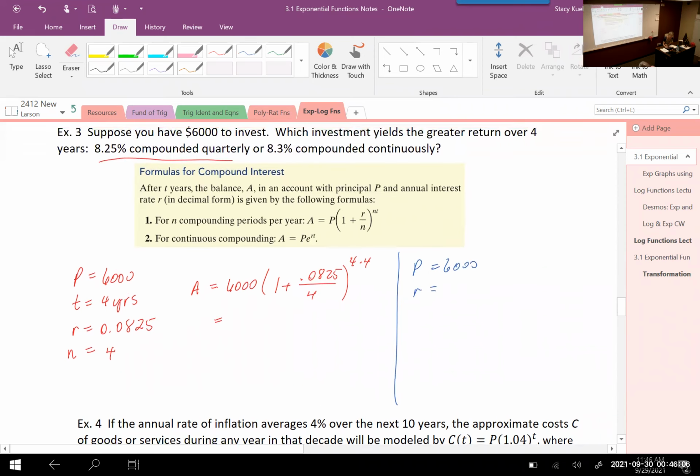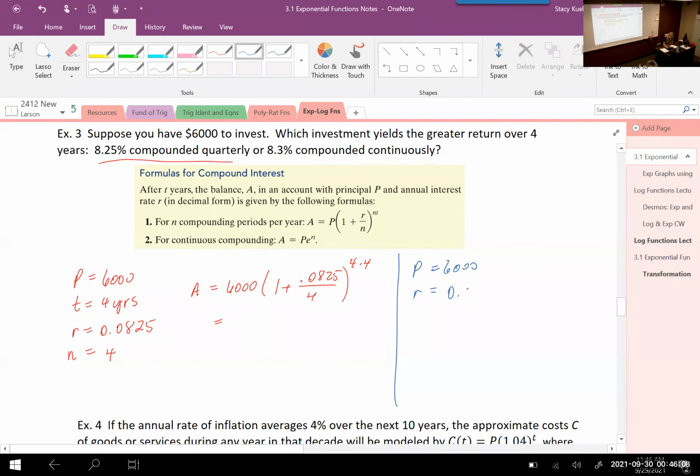We have an interest rate here for continuous at 0.083. We are still investing for 4 years.